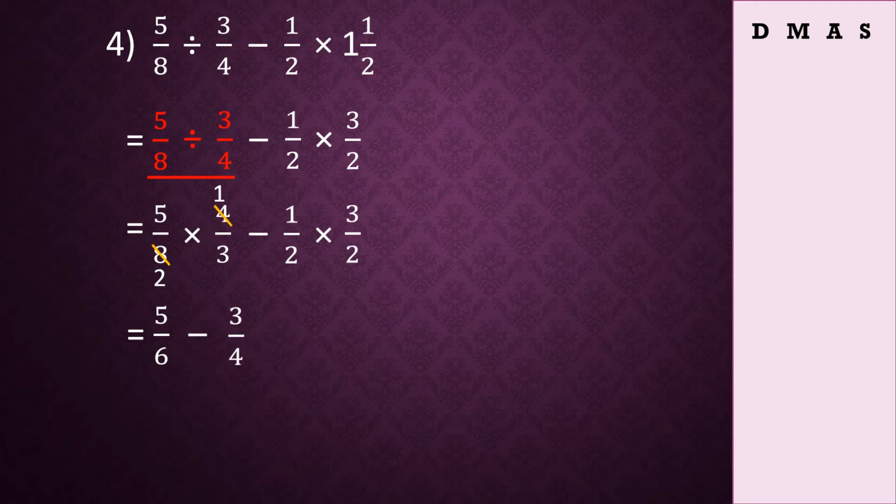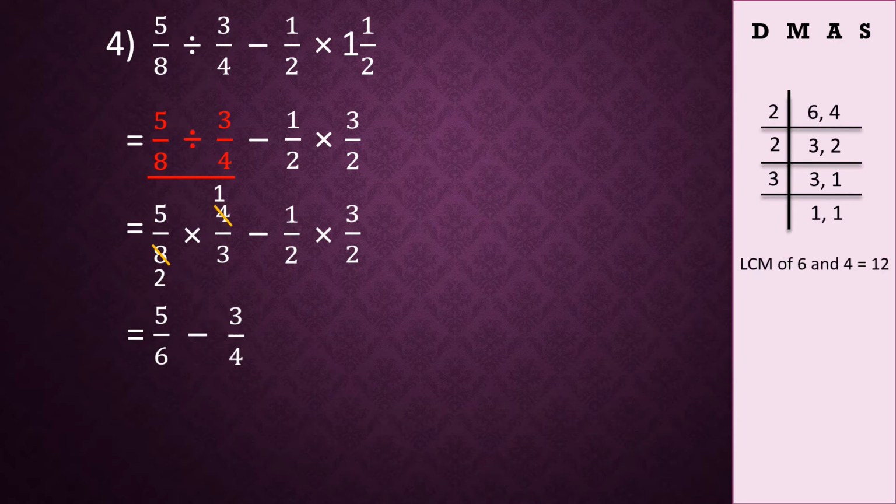See, 5 upon 6 and 3 upon 4 both are unlike fractions. So first we will convert them into like fractions. For this we need to find the LCM of 6 and 4. And the LCM of 6 and 4 is 12. So we have to bring 12 at the place of denominators because our LCM is 12.